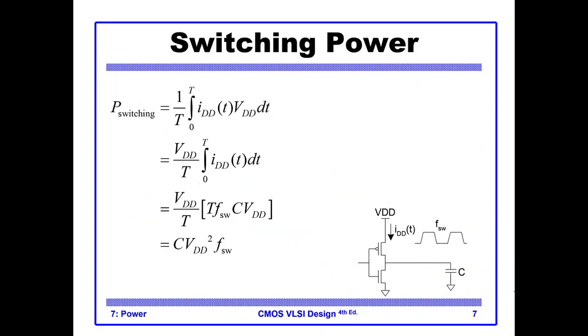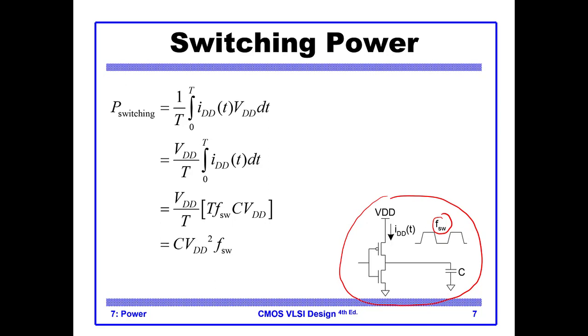Now coming to the switching power. Imagine this scenario where you have the inverter connected to a load, and you have this frequency of switching. In digital circuits the signal goes up and down in a 0-1 fashion, giving you this pulse. We are interested in the energy consumption during switching.